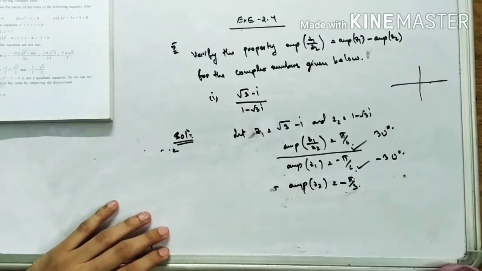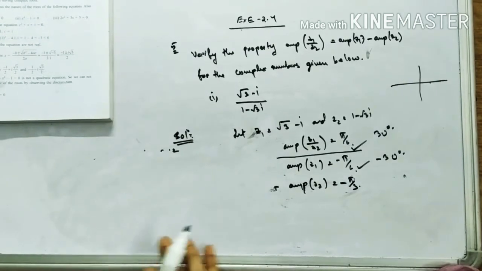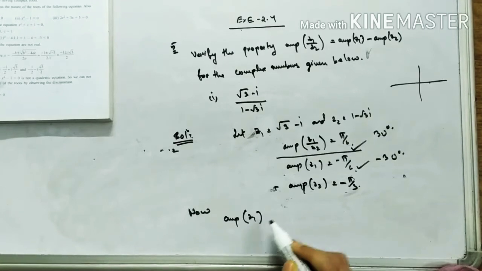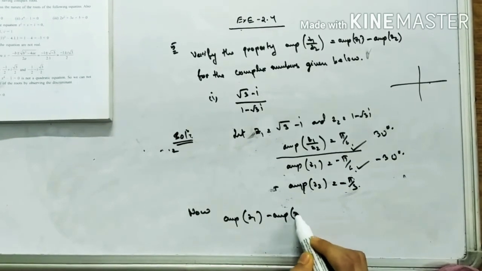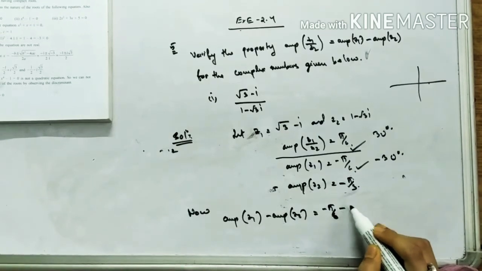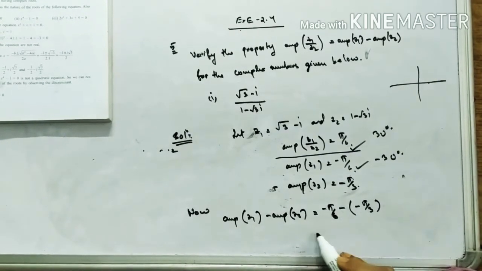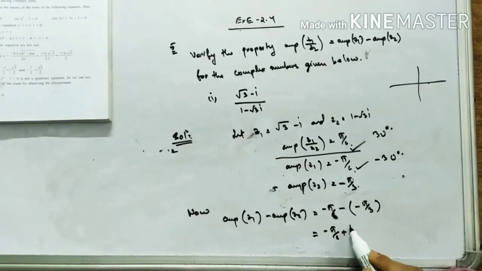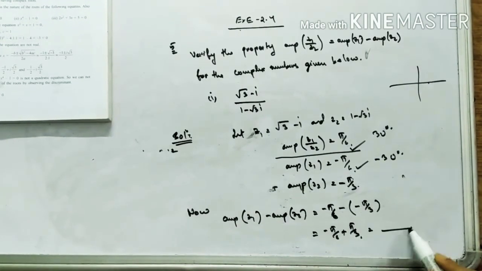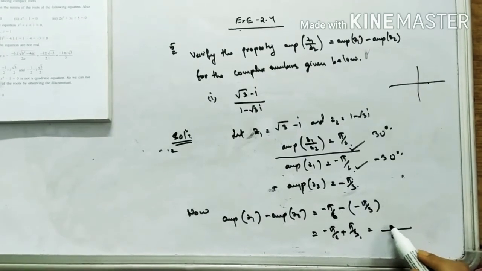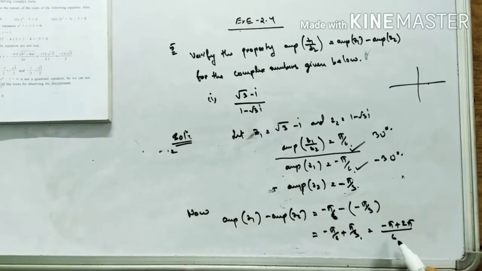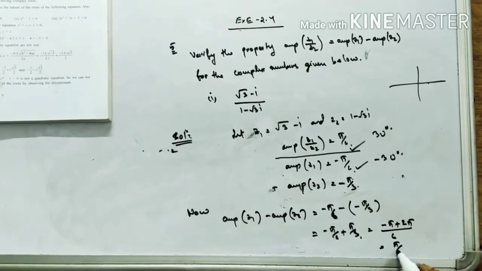Now amplitude of Z1 minus amplitude of Z2 will be minus pi by 6 minus (minus pi by 3), which is minus pi by 6 plus pi by 3. Taking the LCM as 6, minus pi plus 2 pi gives me pi by 6.